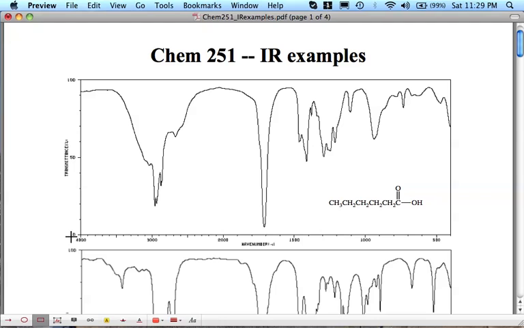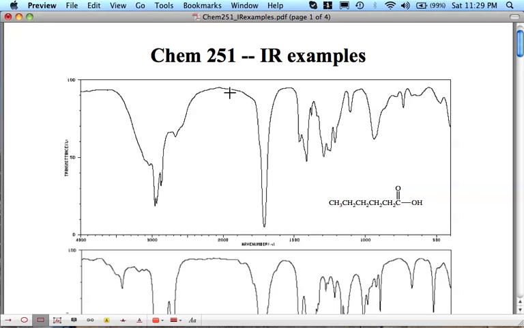So the typical spectra run from about 4,000 reciprocal centimeters down to something like 400, 500 reciprocal centimeters for most organic chemists. This is the normal IR region. The peaks, remember, go down because we're looking at percent transmittance here. So if there's nothing being absorbed, you have essentially 100% transmittance, and then as you absorb, your peak goes down. So I guess it's actually a valley, but we call it a peak.